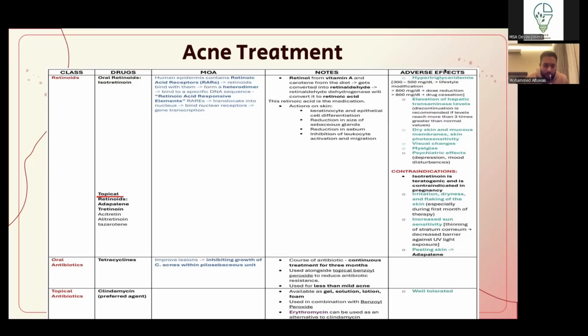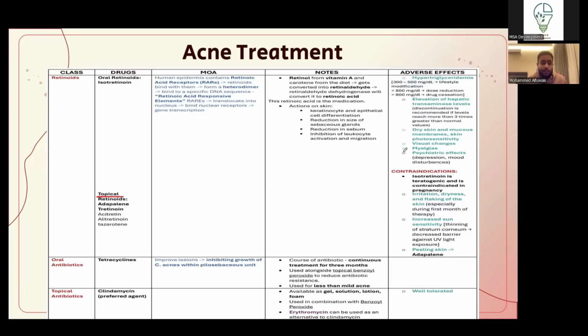Now, very important about the retinoids is its contraindication. This medication is contraindicated in what? Pregnancy. So usually 3 months before we give patients retinoids, we give them oral contraceptives to prevent any chances of pregnancy.